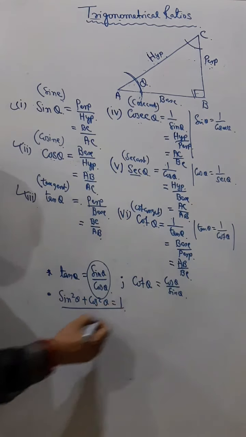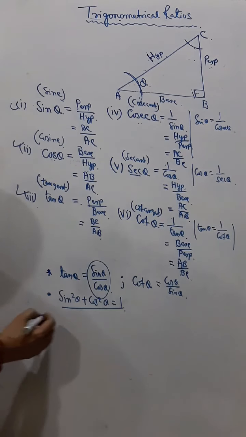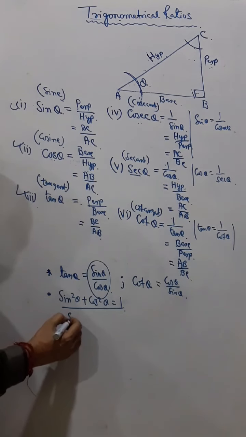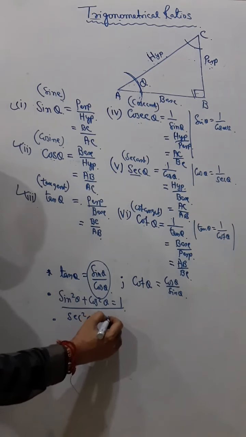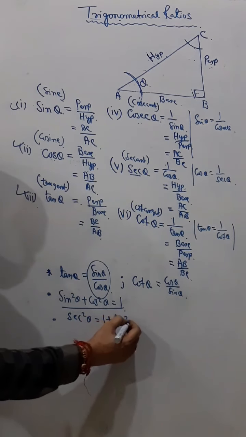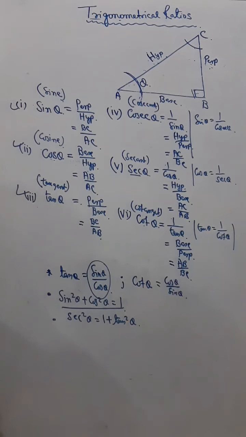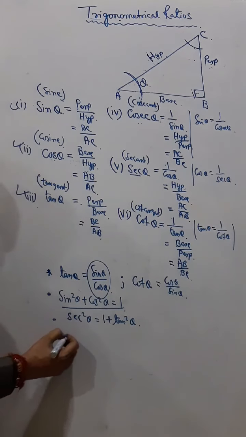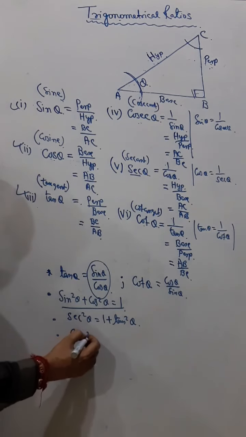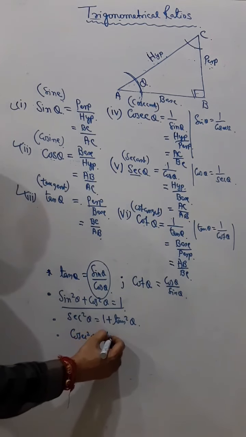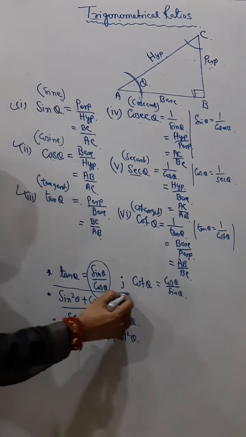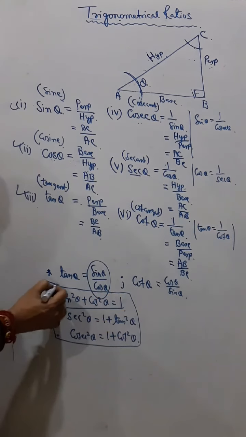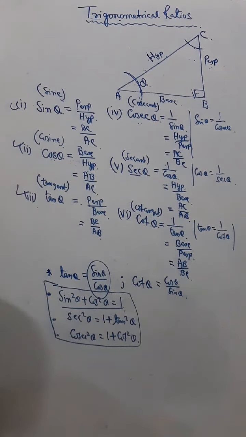These are called identities, square relations. Next is sec square theta is equal to 1 plus tan square theta. And then cosec square theta is equal to 1 plus cot square theta. Okay, so these are the square relations.